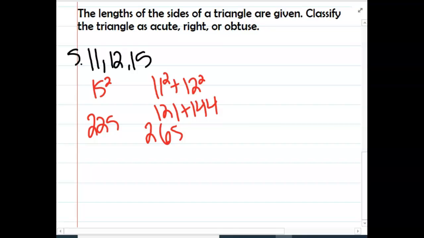So is 225 greater than or less than 265? Less than. So since the square of the longest side is smaller than the sum of the squares of the other 2, this is acute.